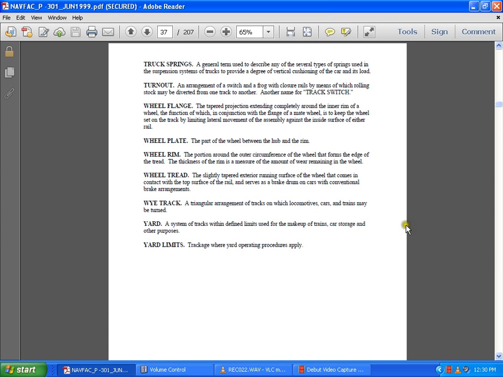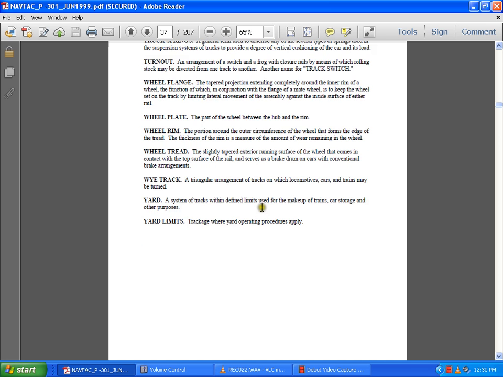Wye tracks, a triangular arrangement of tracks on which locomotives, cars and trains may be turned, termed wye tracks. A yard is a system of tracks defined and used in the makeup of trains and cars, for storage and other purposes. Yard limits, the limits of tracks where yard operating rules and procedures apply.